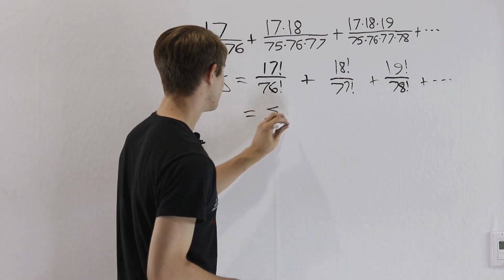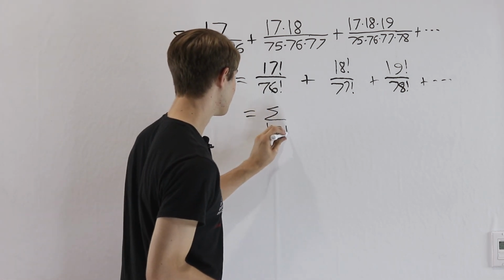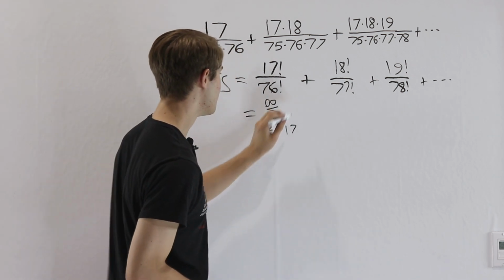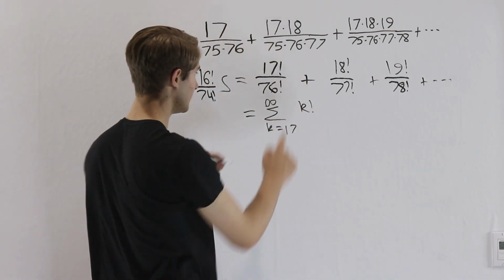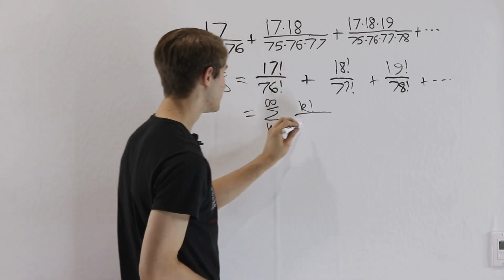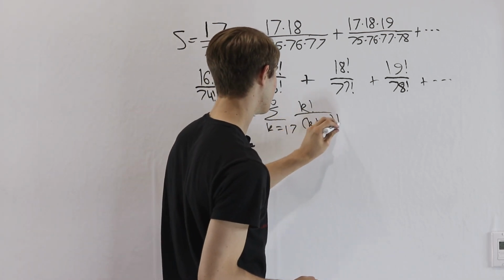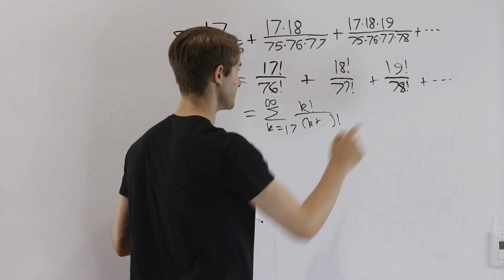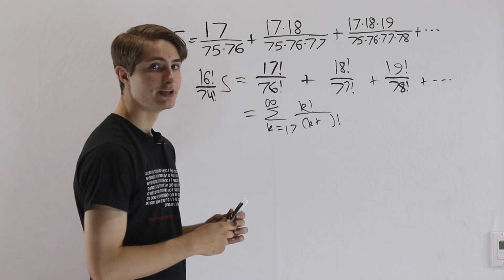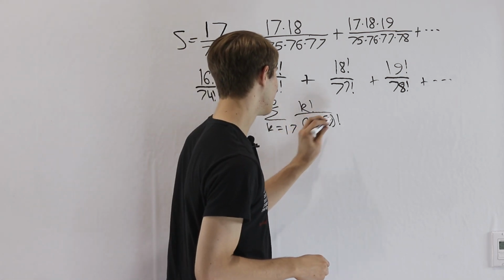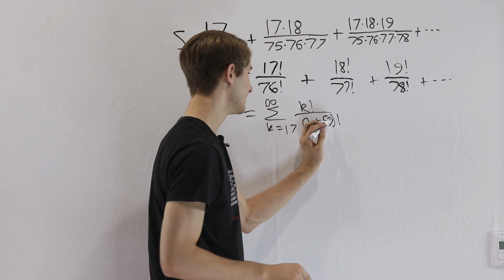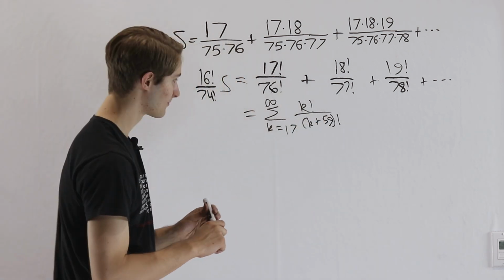So this is going to be equal to the sum from k equals 17 to infinity of k factorial on the top, and then k plus something factorial on the bottom, because we know it's going up by 1 each time. And that something is going to be 59, because 17 plus 59 is going to give us 76.